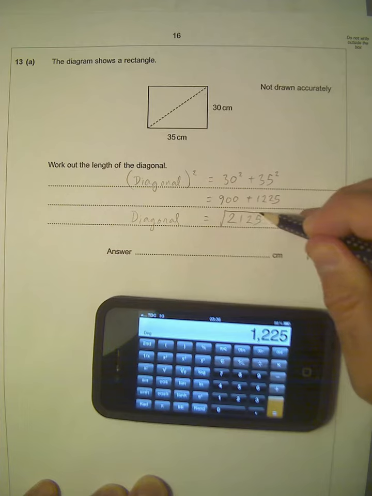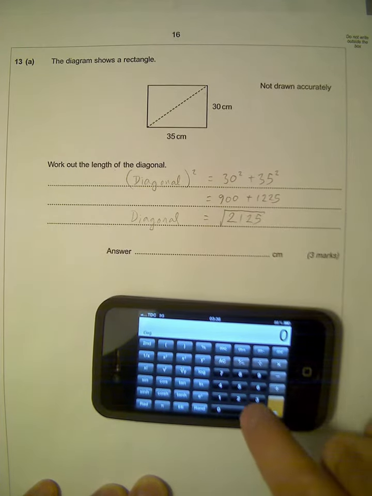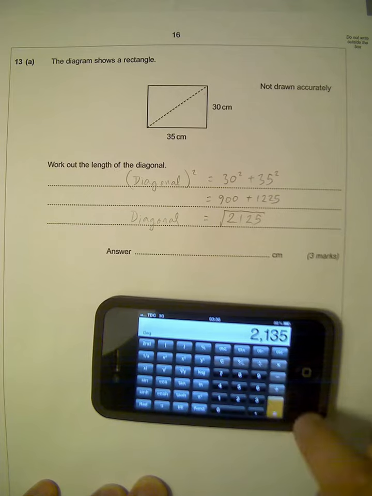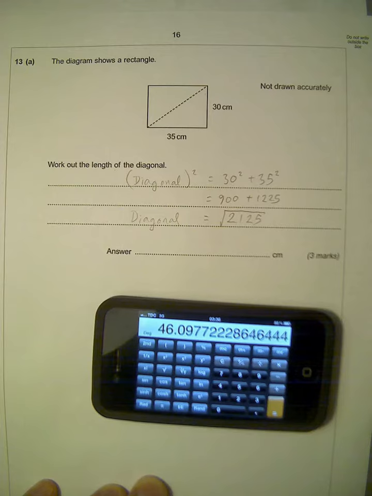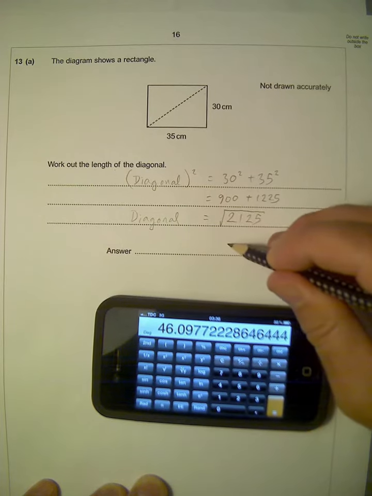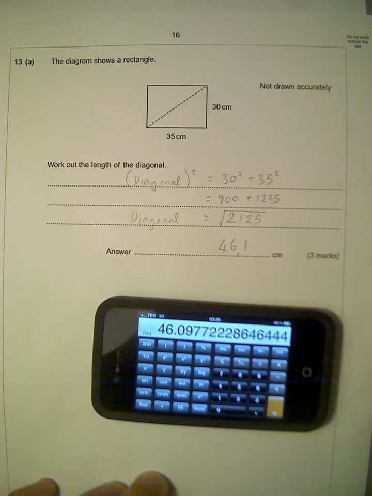So the diagonal itself is the square root of 2125. The square root of 2125 is 46, round that to 0.1, 46.1 centimeters.